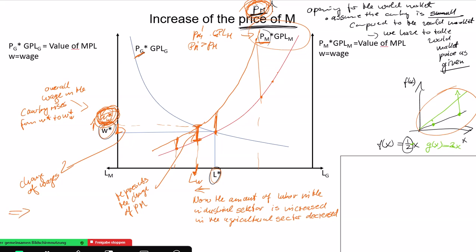So the increase of wages is smaller than the increase of the price of machines.